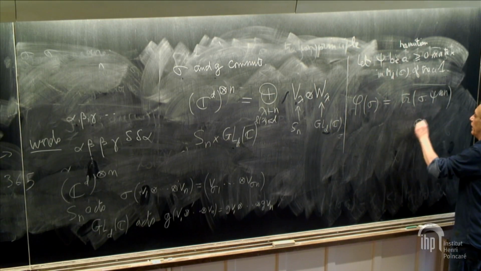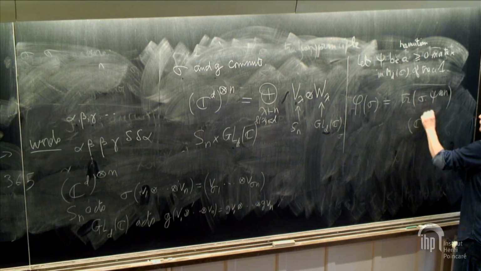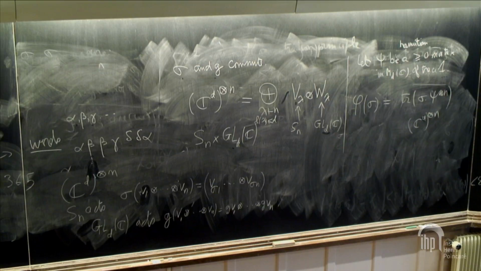So psi tensor n is an element, it's a matrix, an operator acting on the space C^d tensor n. Sigma also acts on this space. And they commute.